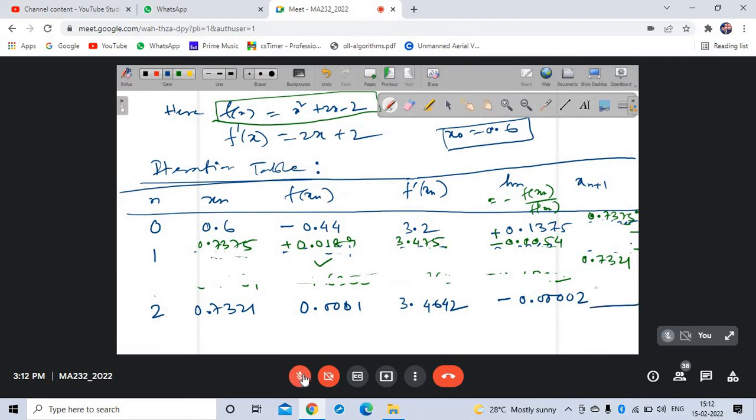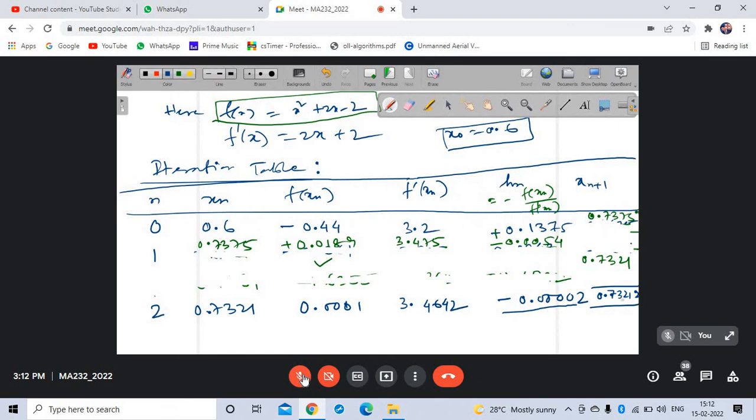Then what is the xn plus 1? This one is minus. Yeah. So 0.7321 minus 0.0002.